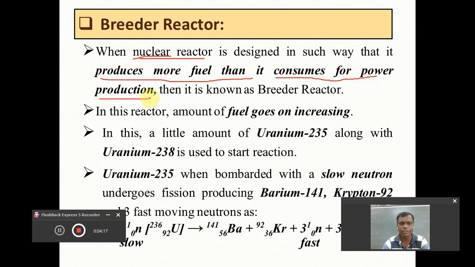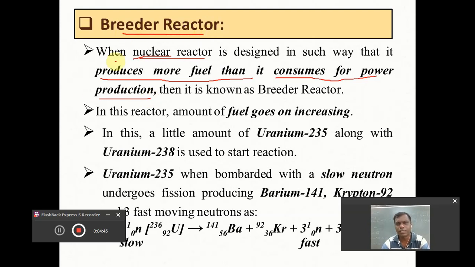Generally we get less than 70, either 60 or 65, whatever it may be, but it is always less than 70, which is given by the company for the particular vehicle. It is never possible that suddenly we get 80 or more than 70. It is not possible, and this is possible in this nuclear reactor called the breeder reactor.